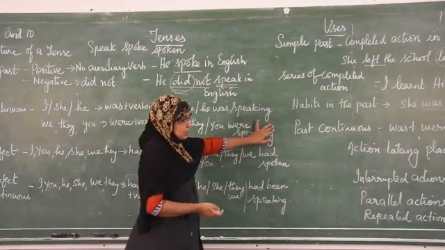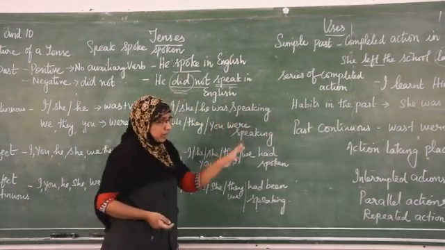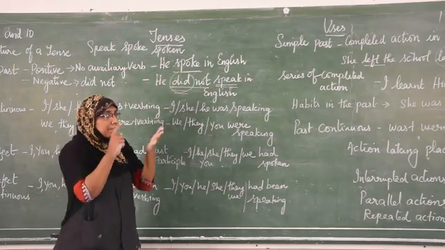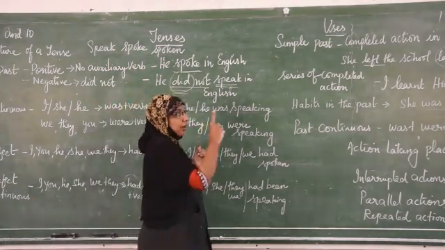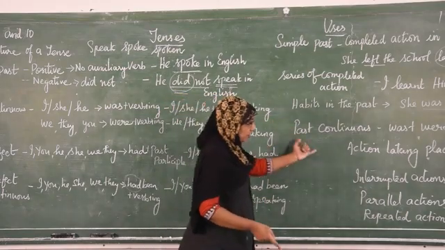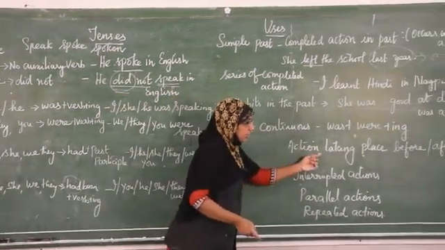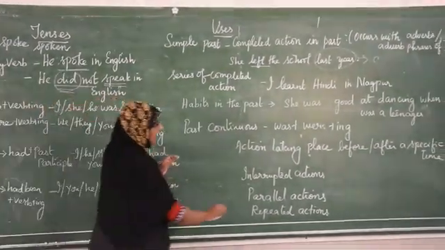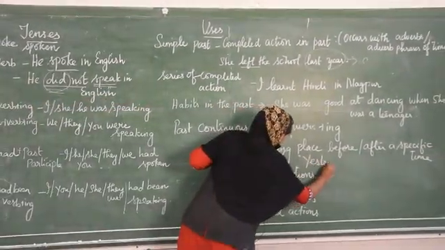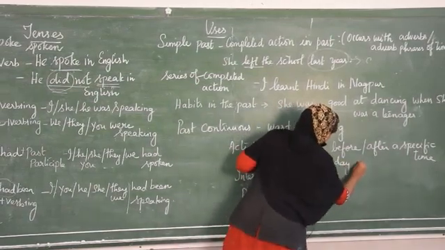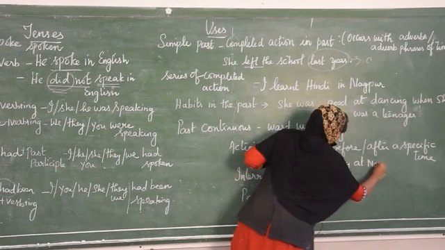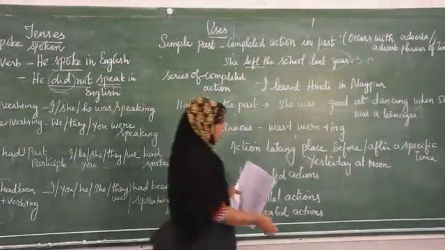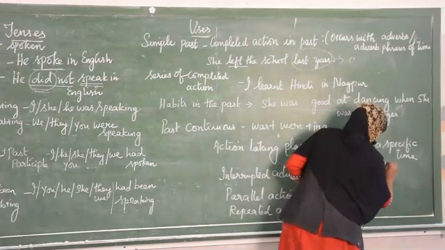Now, what is the past continuous? Past continuous refers to an action which was going on in the past. Sometimes the time may or may not be mentioned. First, when it is used for an action taking place before and after a specific time, for example, yesterday at noon, I was eating lunch.